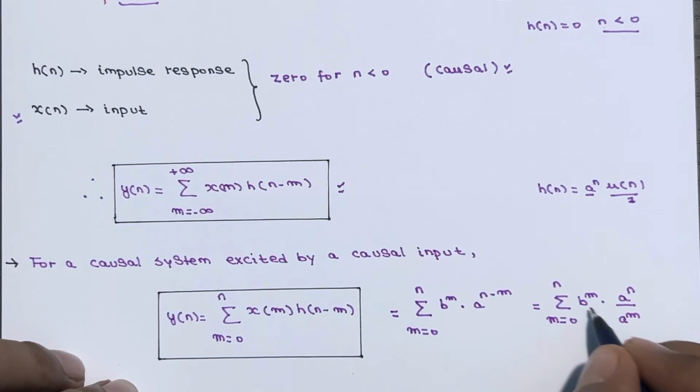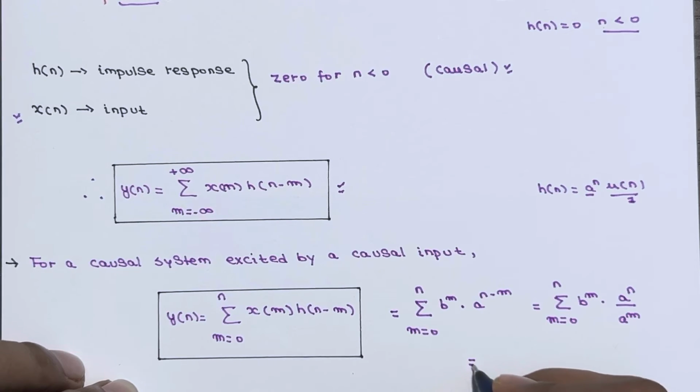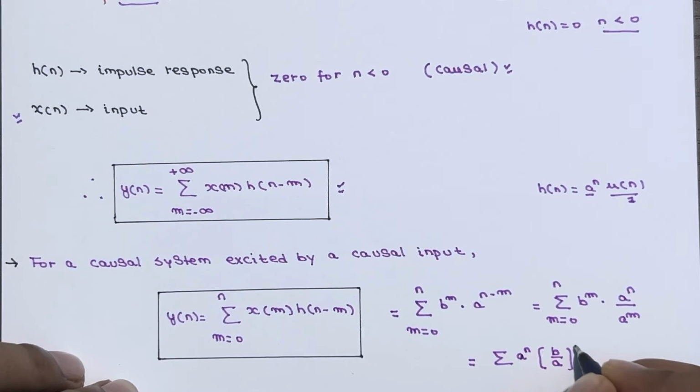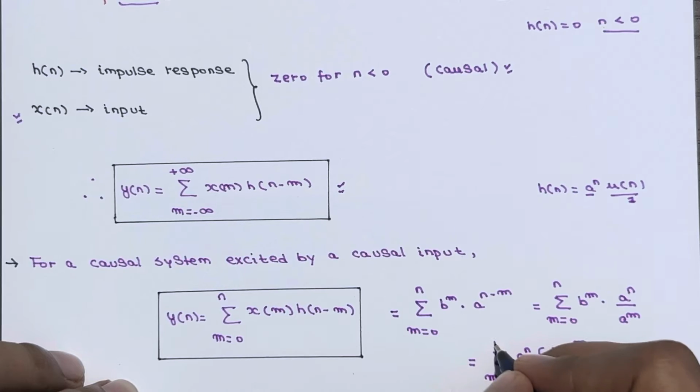Now take the m terms together, so this will be equal to summation of a to the power n into b divided by a, whole power m, where m starts from 0 to n.